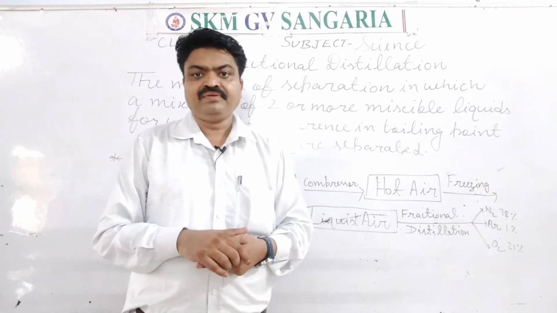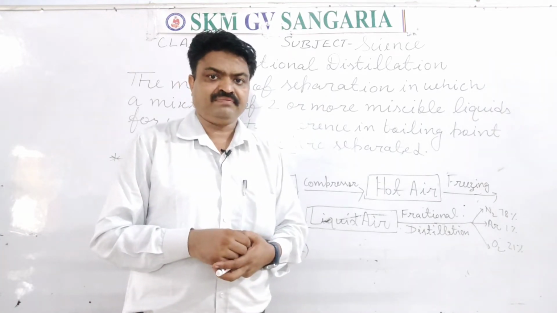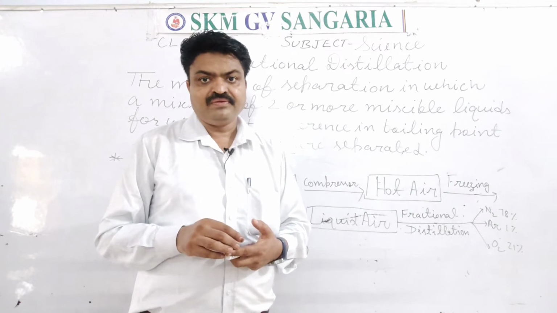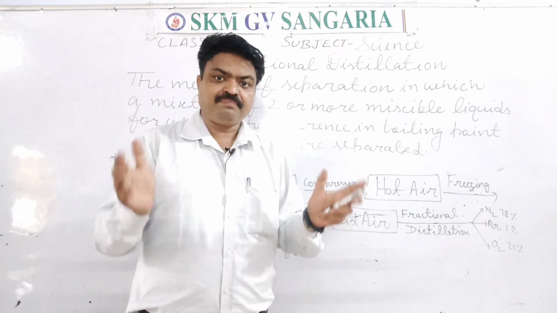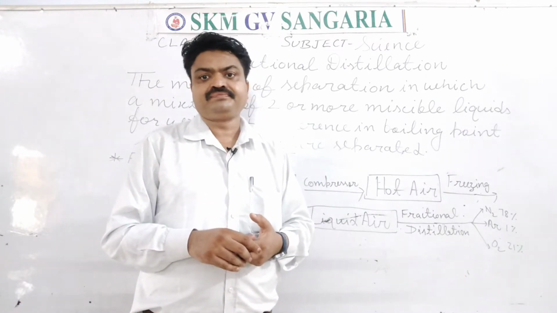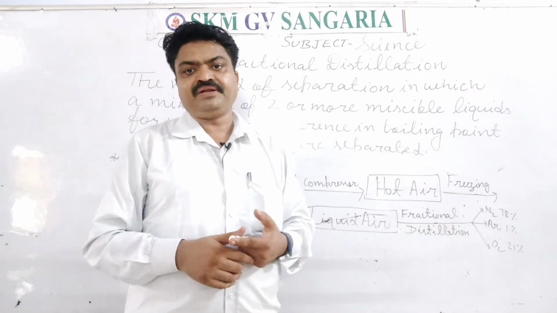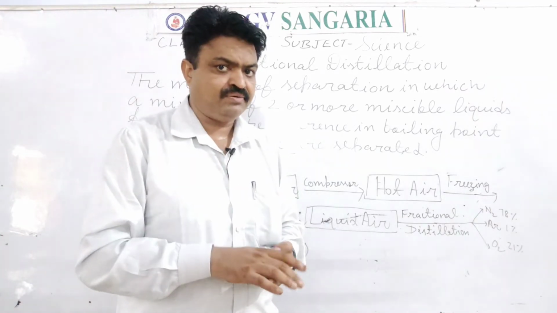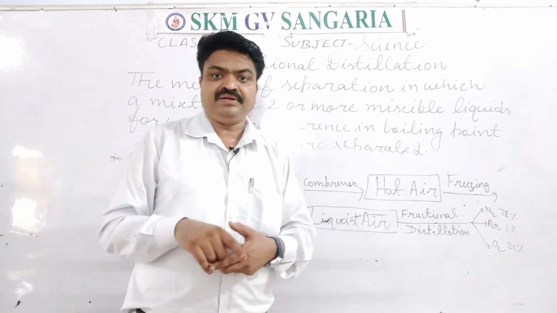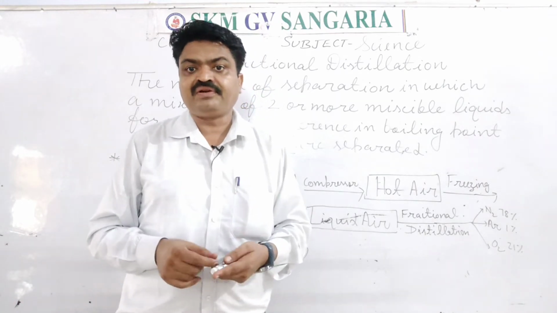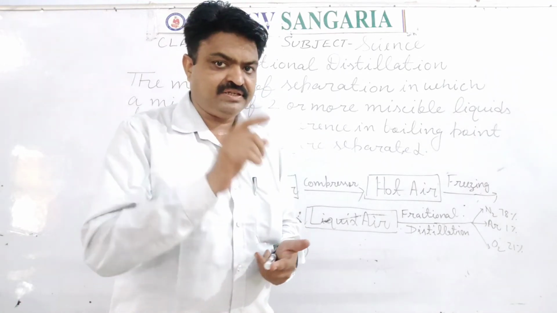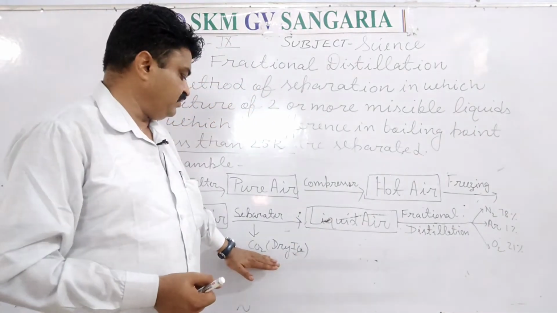separator, student, and in the separator, as you know, when we apply pressure and decrease the temperature, one particular gas is separated in the form of dry ice. What is it, student? Carbon dioxide.